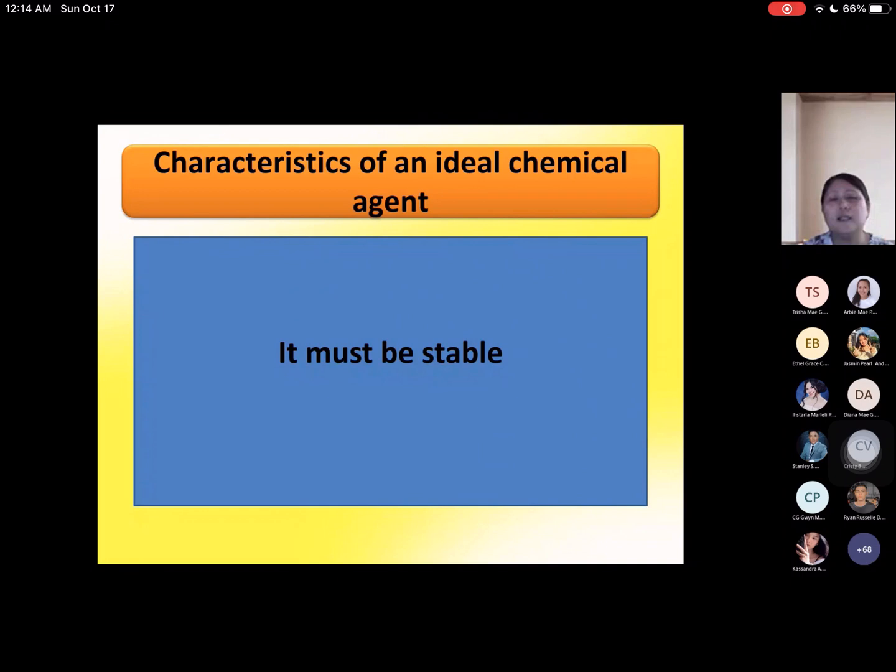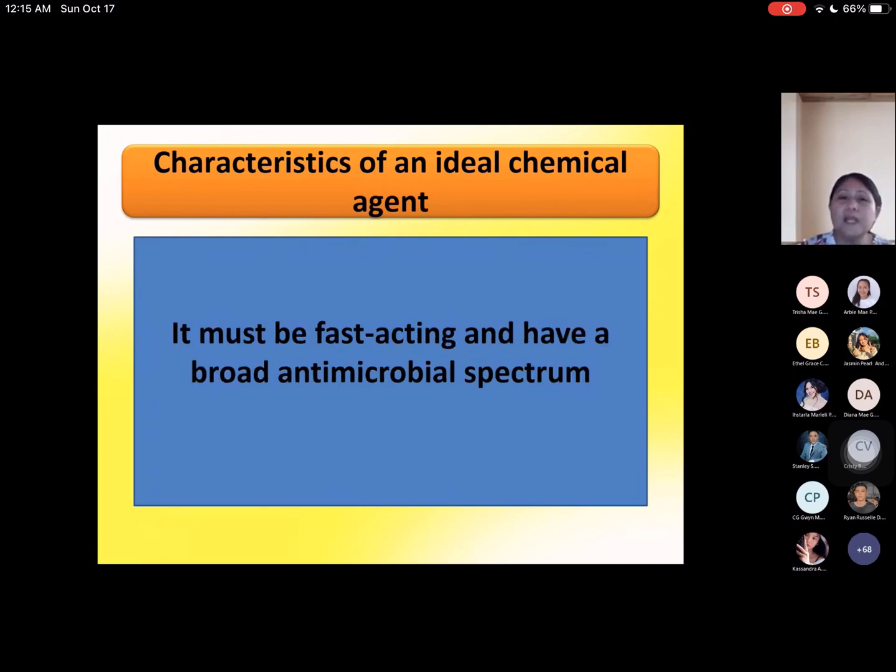And of course, it must be stable, in the sense that it can be transported from one place to another. It must be fast acting and have a broad antimicrobial spectrum.